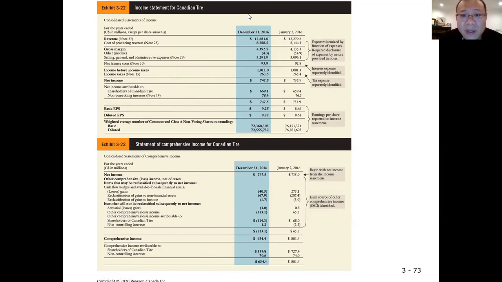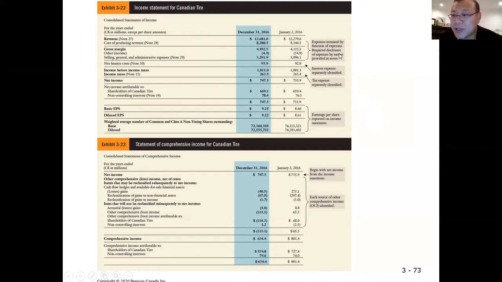So let's take a look at this information. The cost of producing revenue and selling expenses, this is all based on function, right? Remember, this is optional.